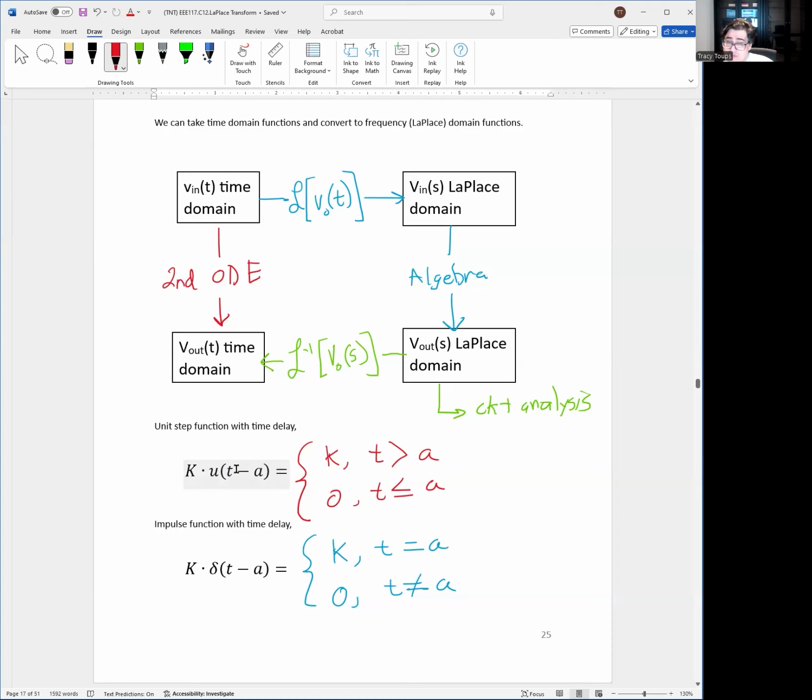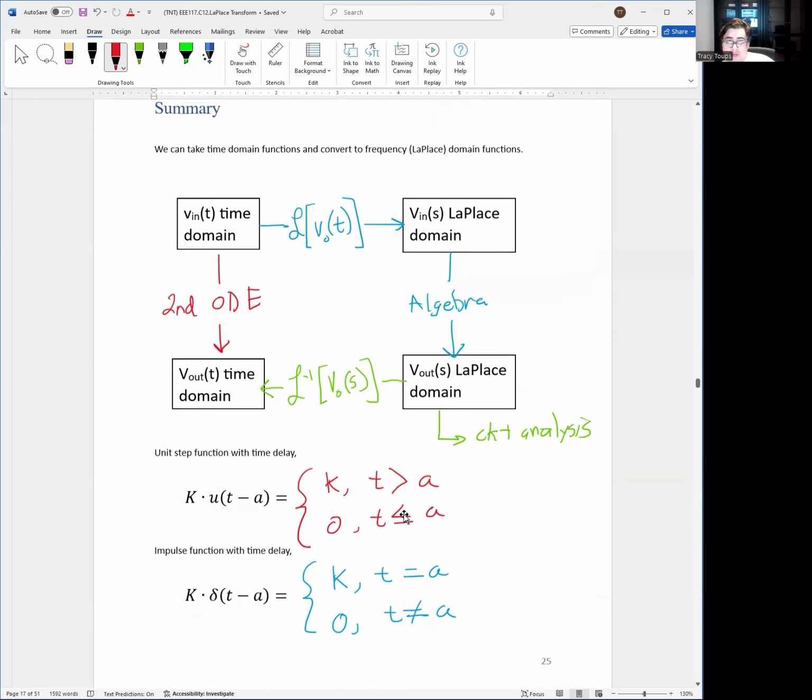So it's the original step function, and it's 0 if time is before our delay of a. The impulse function is a similar idea, where you have a single ping of k voltage at t equals a, and it's 0 everywhere else. So it's just one little test point put into the circuit.